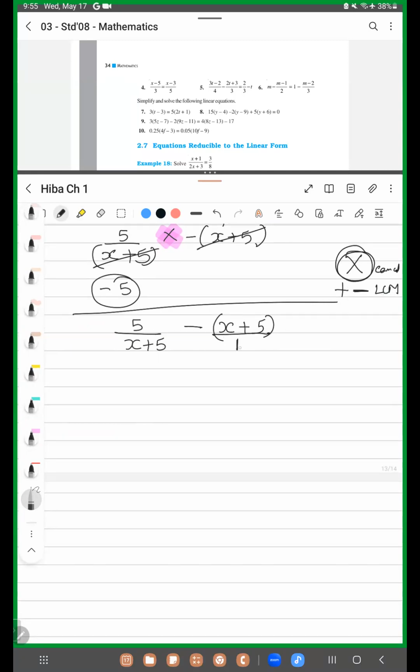So here you will take the LCM. You take the denominator as 1. The LCM becomes x plus 5. Just don't think, oh, what is ma'am doing here. We are not doing anything great. Just treat this as any random number. Just as I showed you 5 by 7, think of this as 7.